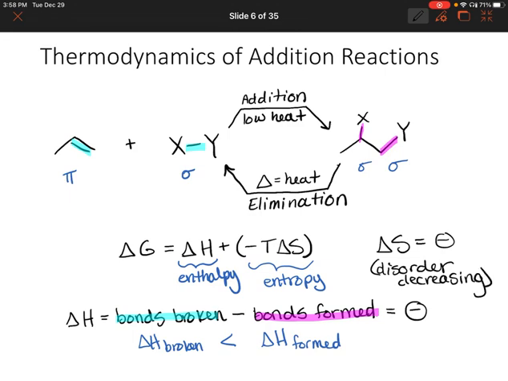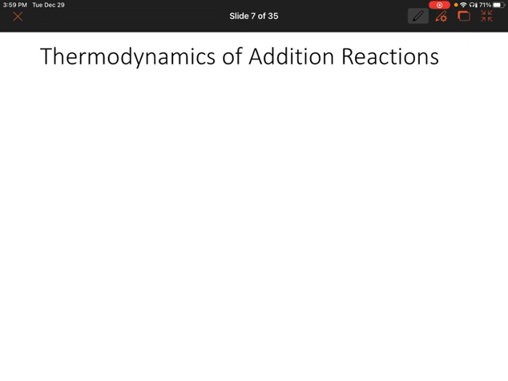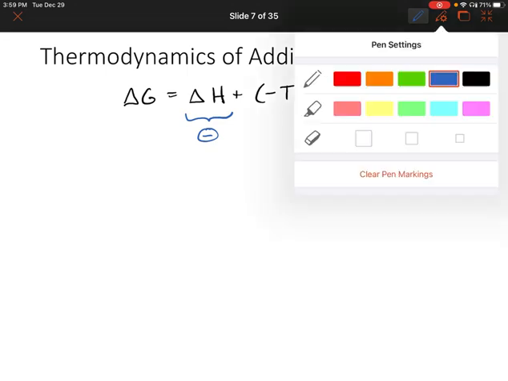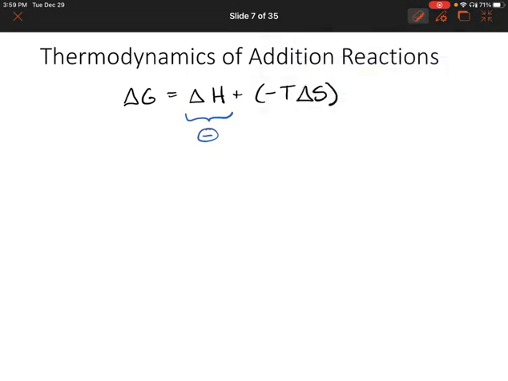All right, so let's rewrite this on the next slide just to organize our thoughts here. So I'm just going to rewrite the Gibbs free energy equation. And then we said that delta H for an addition reaction is negative. We said that delta S is also negative.